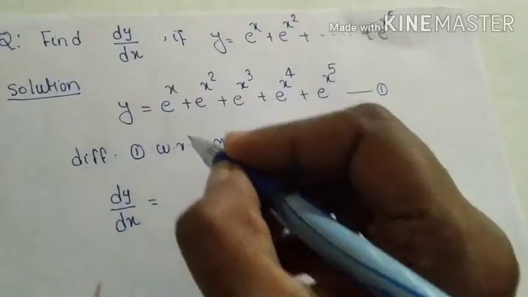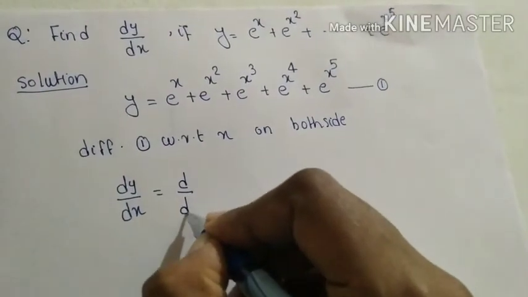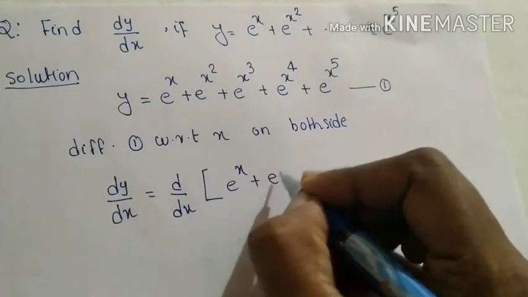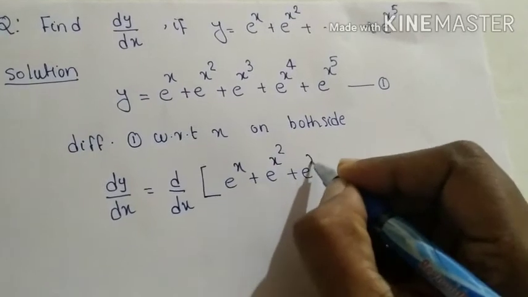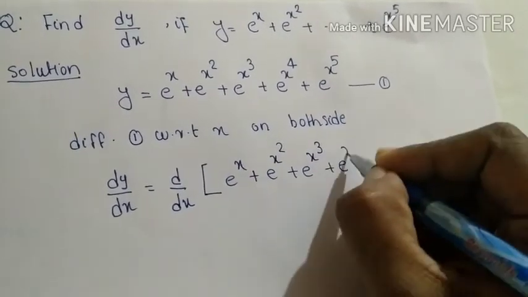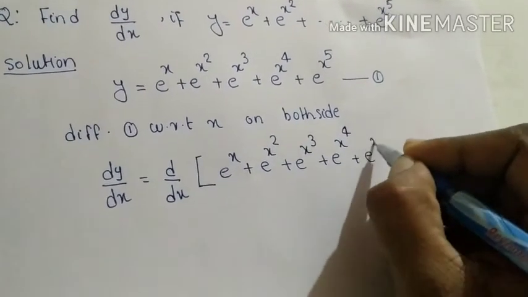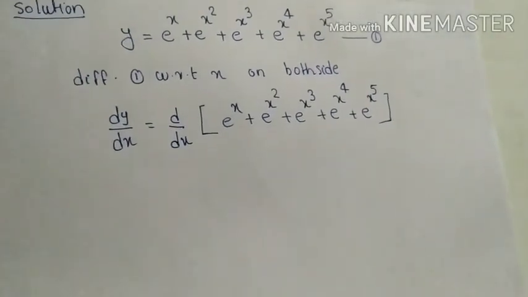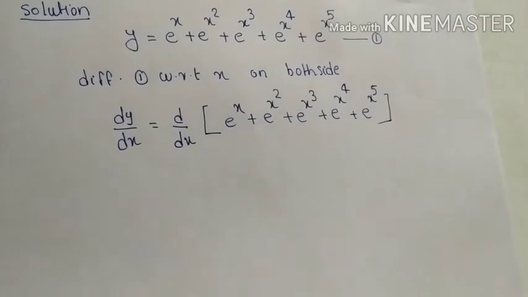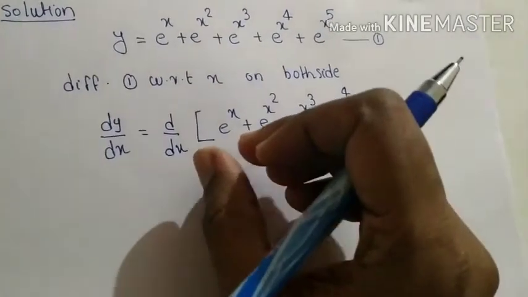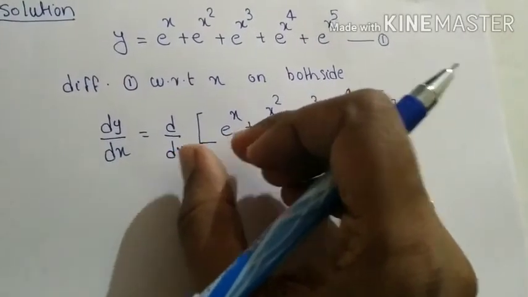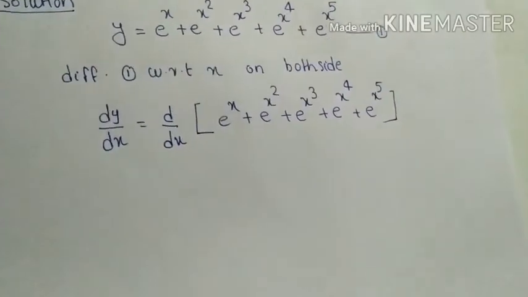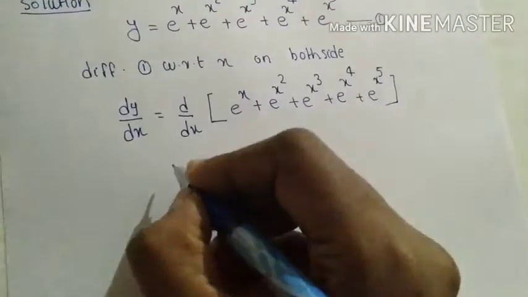So, derivative of e raised to x plus e raised to x square plus e raised to x cube plus e raised to x raised to 4 plus e raised to x raised to 5. By using algebra of derivatives, we need to calculate the derivative of each exponential function separately.